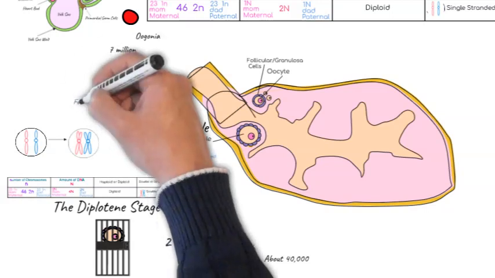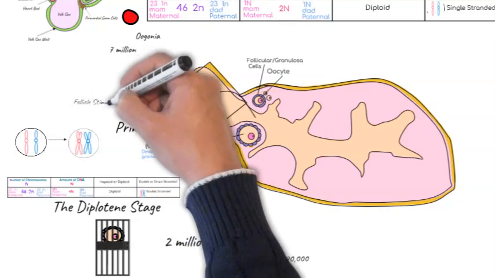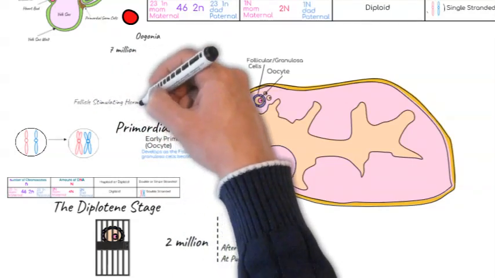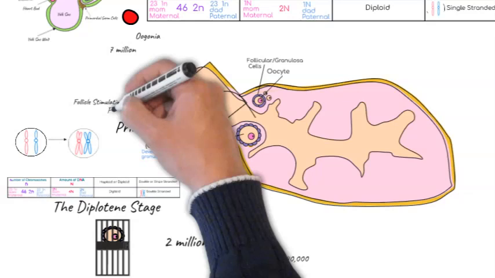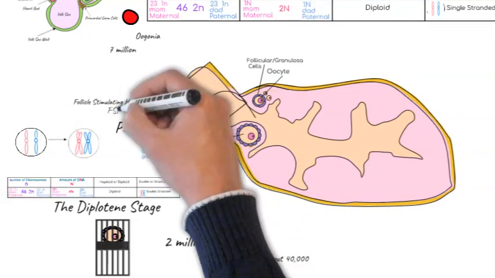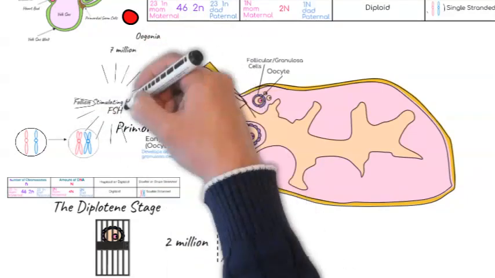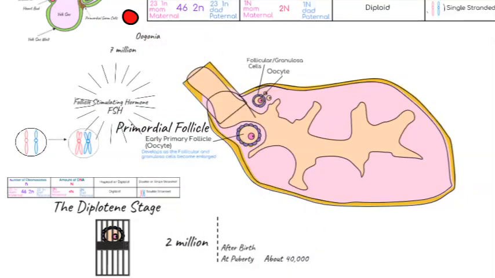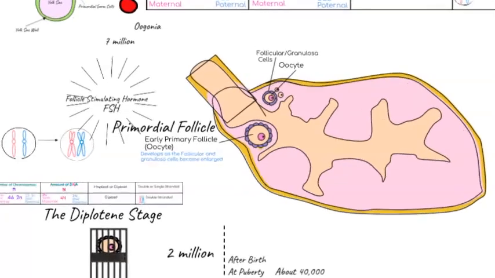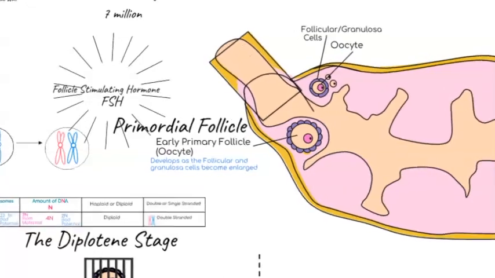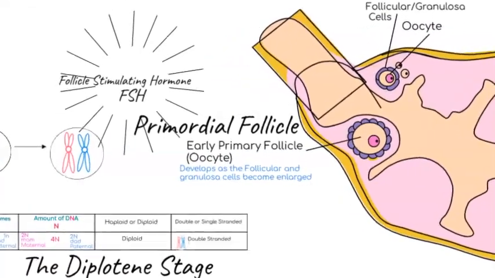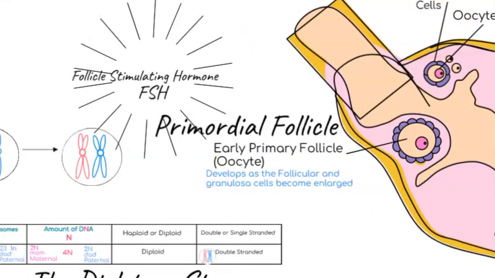At puberty, when the ovarian cycle or the menstrual cycle starts, a hormone called follicle stimulating hormone, FSH, will come and stimulate the primordial follicle.